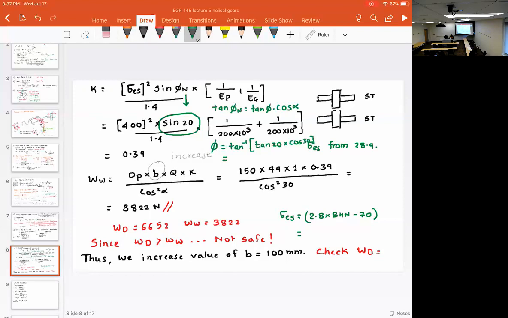How much is it? 17. So please make a correction here. This is not 20, this is 17.5. I don't think that this will change the number significantly, but still I just want you to have the correct value.